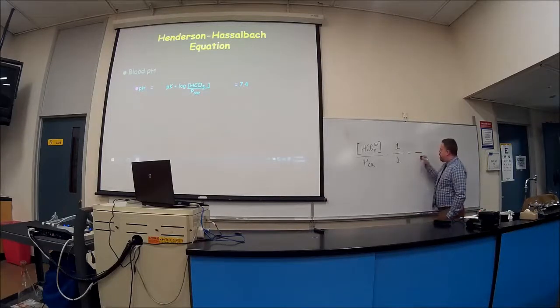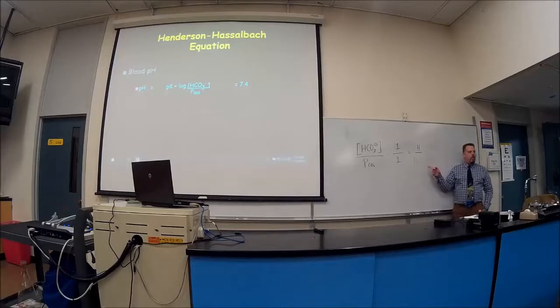If this is 4 over 4, we'll just use that as an example, and my carbon dioxide increases to 10. Okay, my bicarbonate in my blood increases to 10, not bicarbonate, I'm sorry, my carbon dioxide increases to 10.